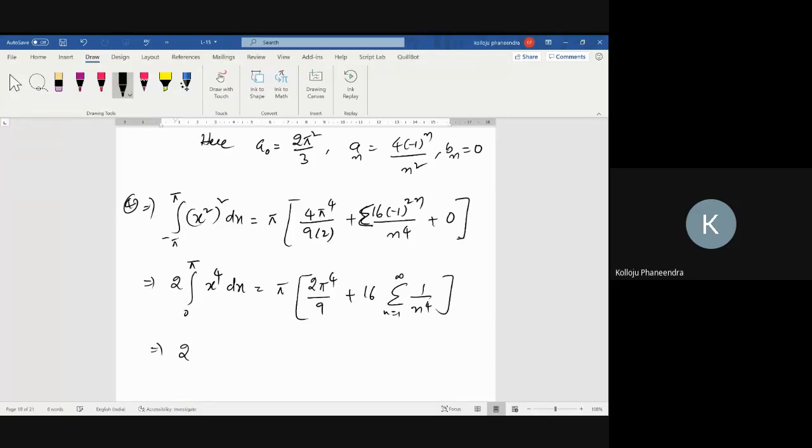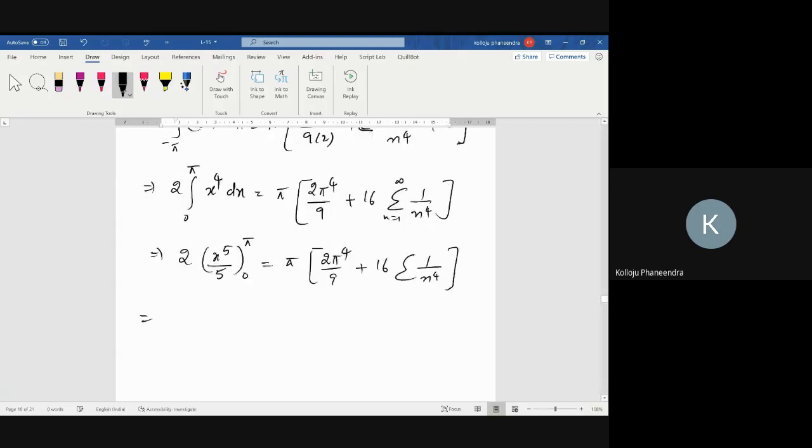And this is 2 x power 5 by 5 between 0 to pi, equal to pi into 2 pi power 4 by 9 plus 16 summation 1 by n power 4.